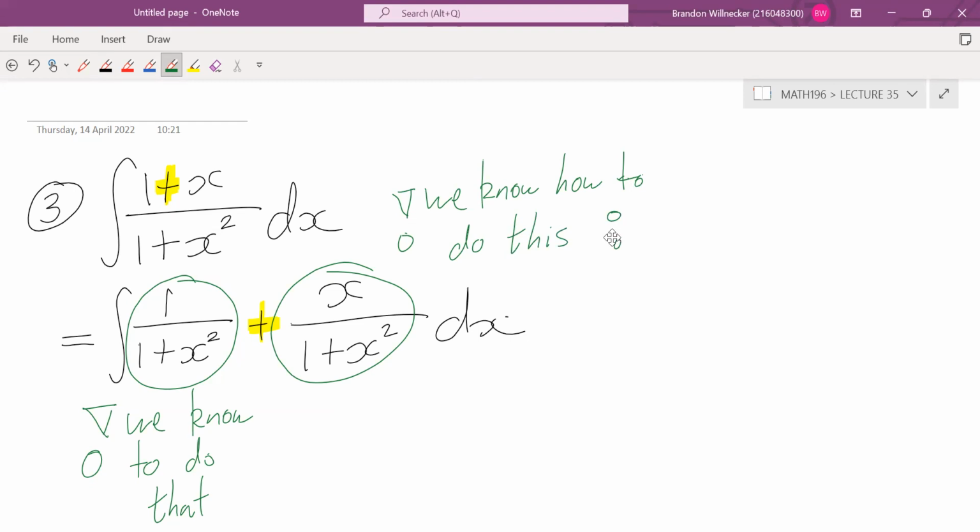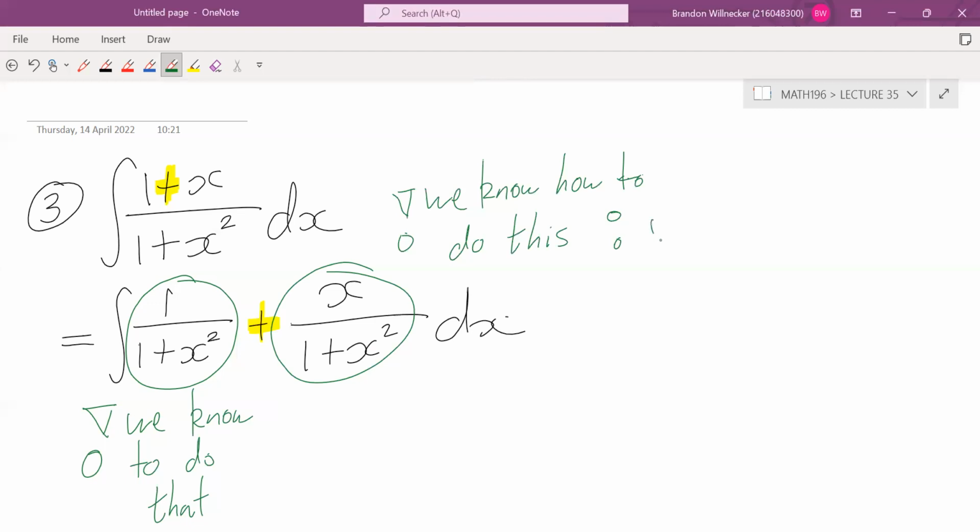Because like I said before, if you let u be the denominator, then the derivative, or du, will be 2x. The derivative of 1 plus x squared is 2x. And we see that in the numerator, we have x. So we're almost there, but it's very easy to get from 2x to x.